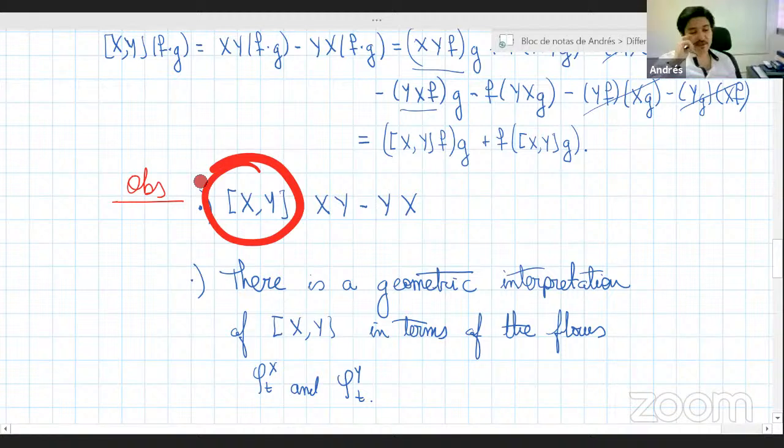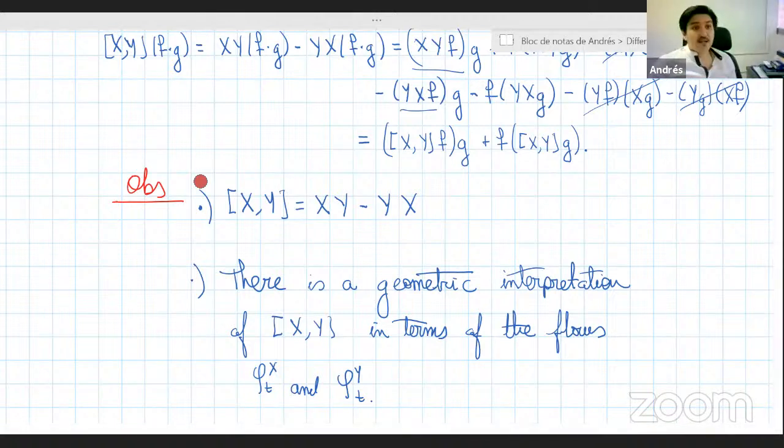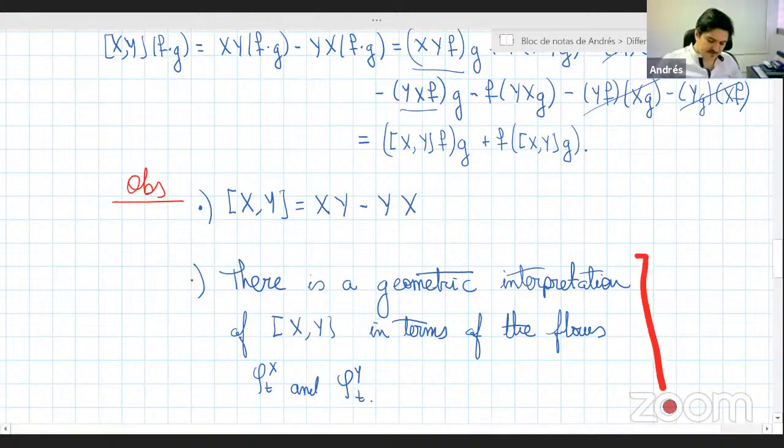And it is given in terms of the flow of the vector field X and the vector field Y. So I'm not going to go over this. We will leave it for tomorrow.